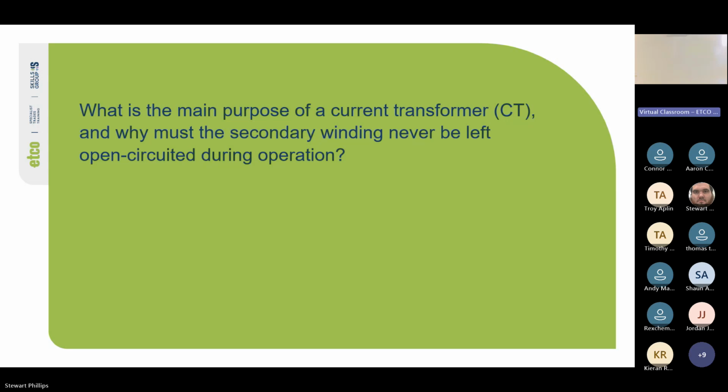Yep, we do use it for metering. Yeah, so the main function is, we did talk about burden and accuracy. It's used for measuring current.